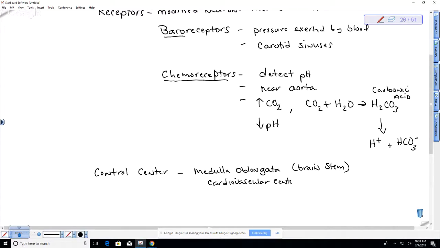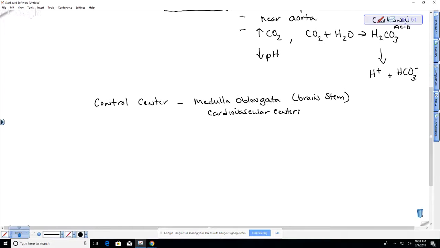We'll call them centers. These are the neurons that regulate that. And then the control center is going to send a signal out to what we call the effectors. In this case, the effectors are going to be the heart, right? So we can either increase heart rate or decrease heart rate, depending upon what is needed. And when we increase heart rate, what happens to blood pressure? It also increases, right?